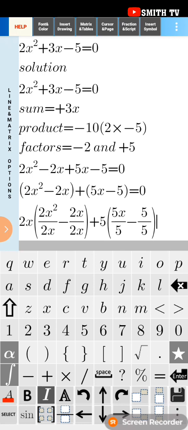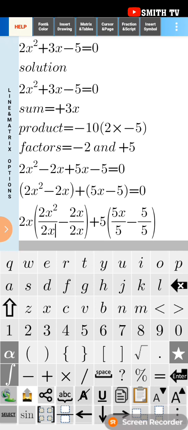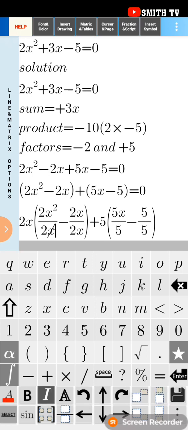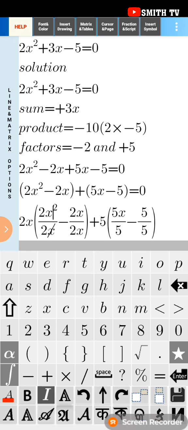Now let me start dividing. I'll start from this part.